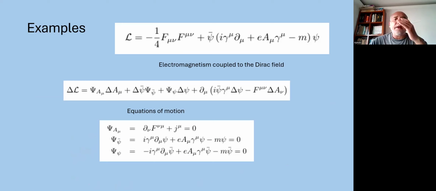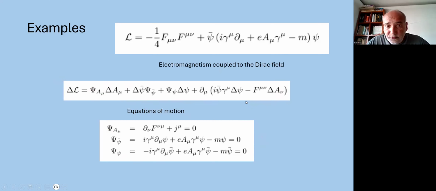So here are a few examples. Here I write the Lagrangian for electromagnetism coupled to the Dirac field. You get these equations of motion, and then the variation of the Lagrangian is this, okay?